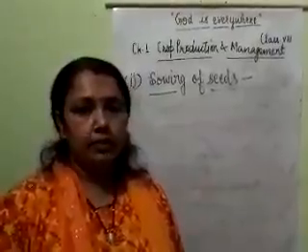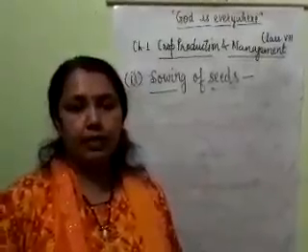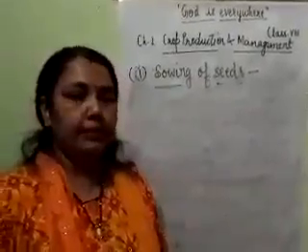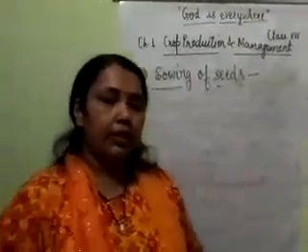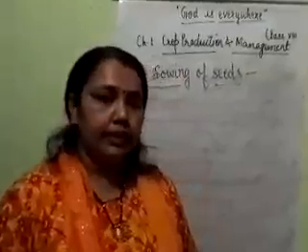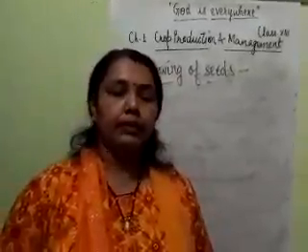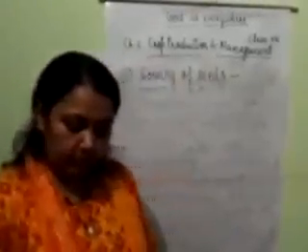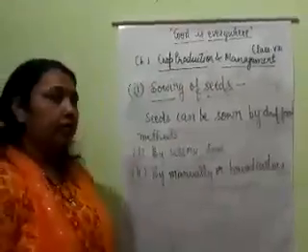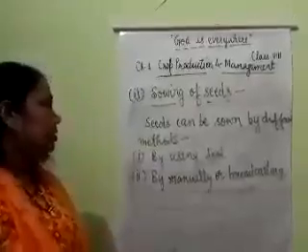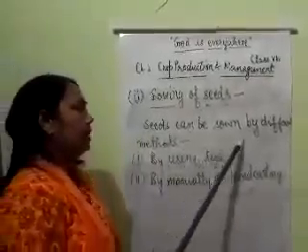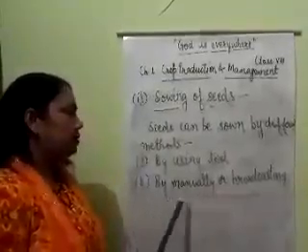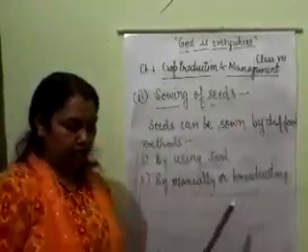Sowing of seeds should be done at a proper distance and proper depth. It avoids wasting of seeds and also protects them from birds. Seeds can be sown by different methods, by using a tool or manually or by broadcasting.